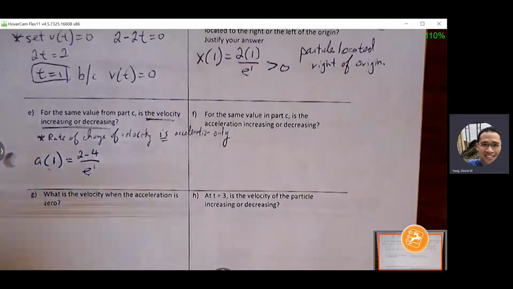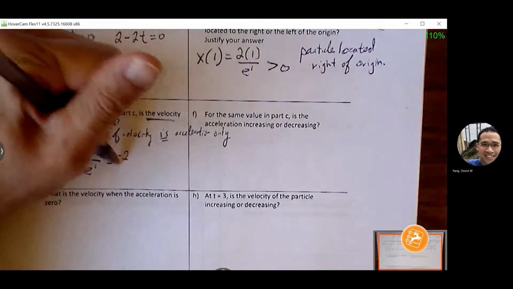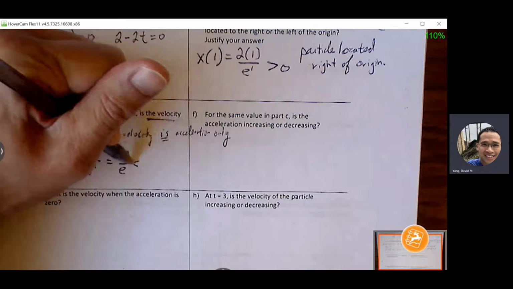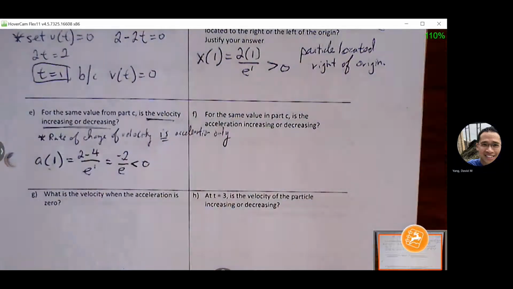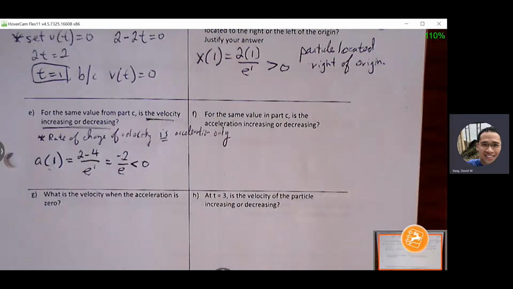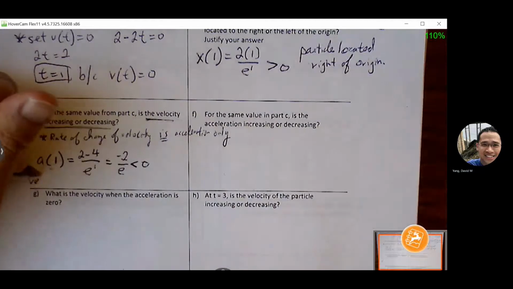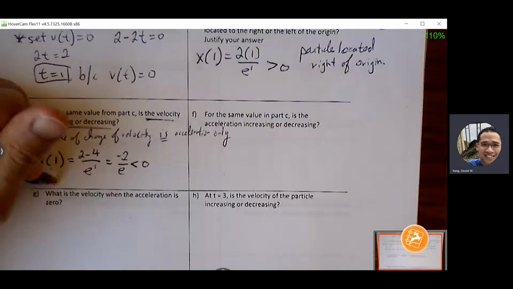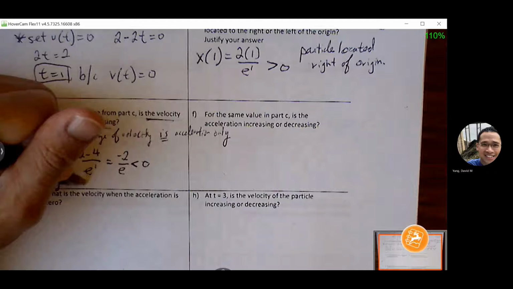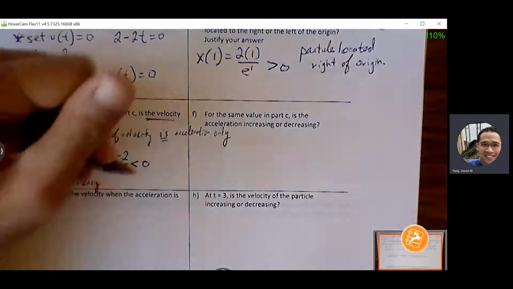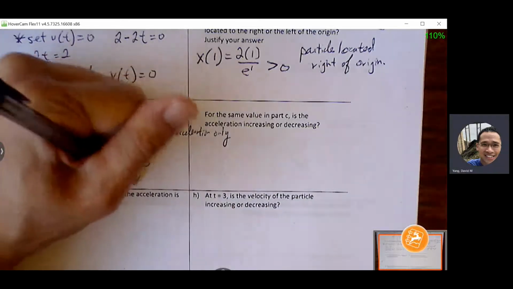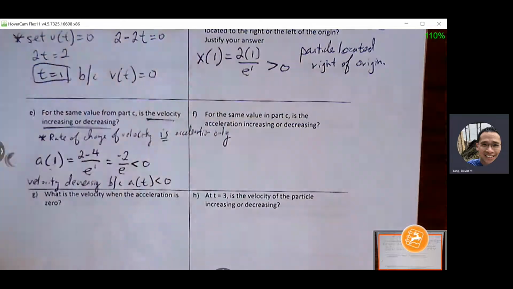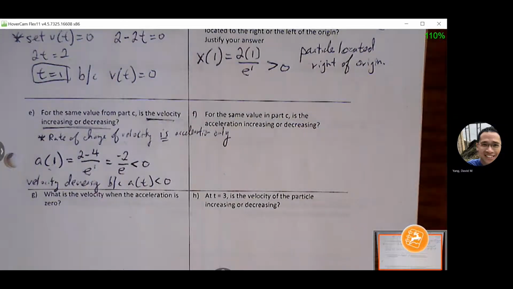That's going to get us negative 2 over e, which is less than 0. So we know velocity is decreasing, because acceleration is less than 0. Okay, any questions there?